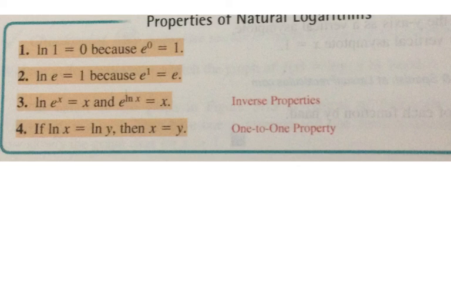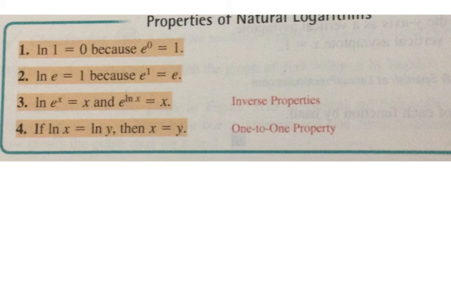Even though we don't see it, this is saying e raised to what is 1. Well, anything raised to the 0 power is 1, right? We talked about that earlier. Right here, this says e raised to what is e. That's the first power. When you have log base e of e, those essentially cancel out and become a 1.